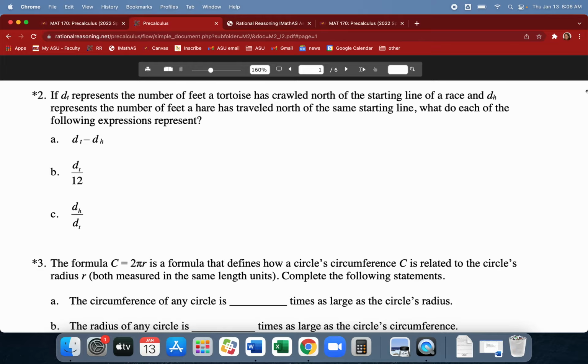These first few sections, I think maybe the concepts seem simple. It's more about getting used to how to explain what you're thinking that I want you to focus on.